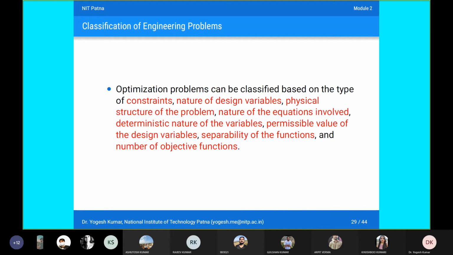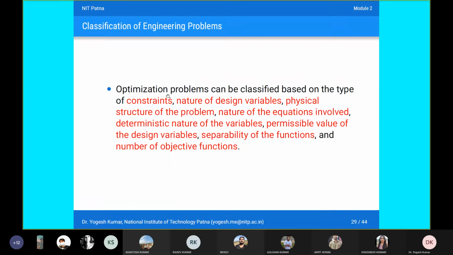From the discussion till now, there may be a classification based on constraint, whether the process is constrained or unconstrained.